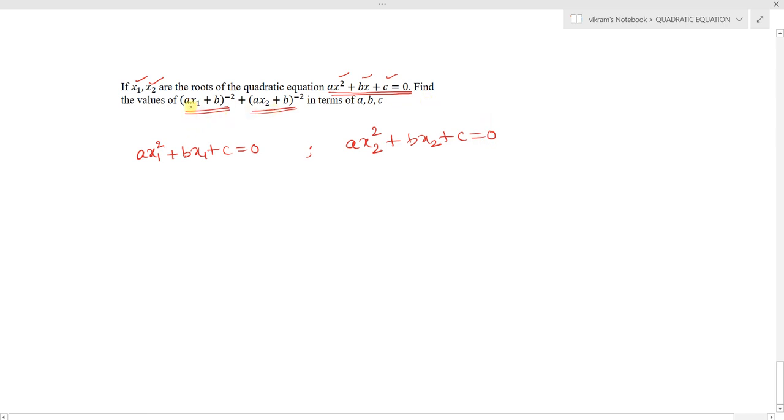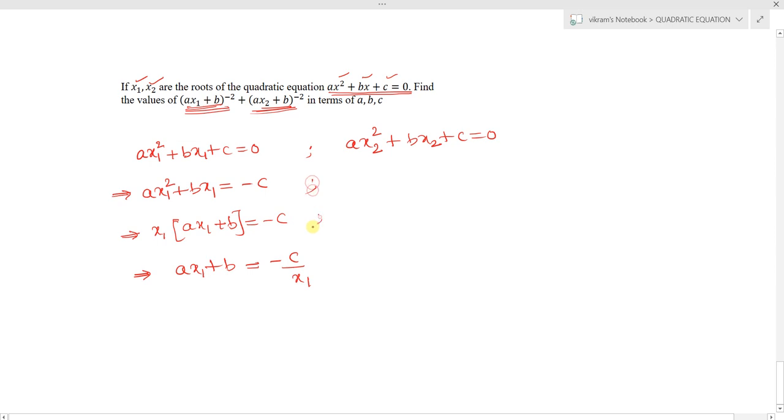Now he is asking us ax1 plus b and ax2 plus b. Now how to retrieve ax1 plus b? From the first one we can write ax1 square plus bx1 equals minus c, and if we take x1 common, then we can write x1 into (ax1 plus b) equals minus c. Our required term is obtained, so ax1 plus b equals minus c by x1.